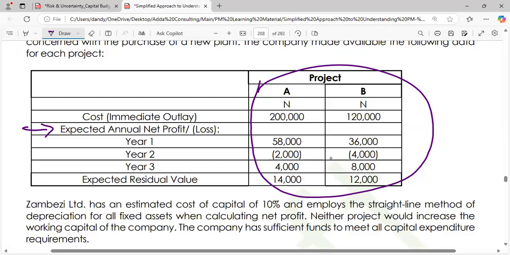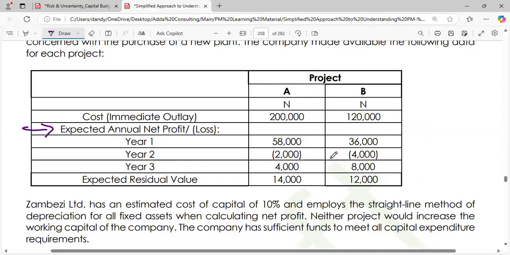So how do you solve the question? The first thing is to do your workings. You need to convert this accounting profit or loss to cash flows first. Before you can do that, you also need depreciation, because cash flow is accounting profit or loss plus depreciation.